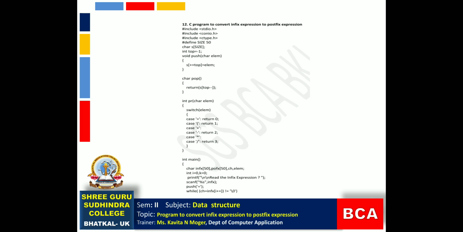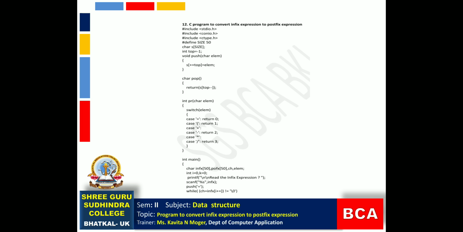In the push function, for a character element, s[++top] = element, which uses the pre-increment operator, and this element will be taken from the user. In the pop function, it returns s[top--], which is post-decrement. The precedence function takes a character element and has a return type of integer.